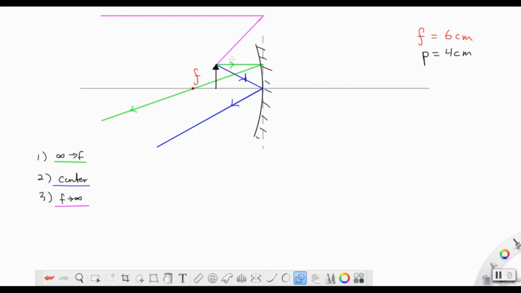Now you might be looking at this going, what the heck, that didn't even touch the mirror. And that's a really good question, if that's the question that you had. And it's important to remember that these 3 rays are not the only rays that are occurring. They are simply the mathematical way to represent where an image forms. It's actually all the other rays that are going everywhere that actually create the image.